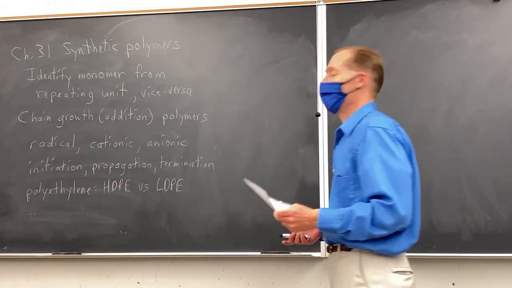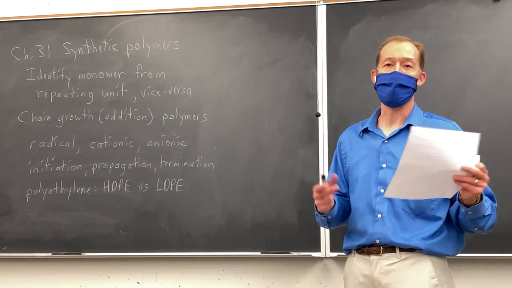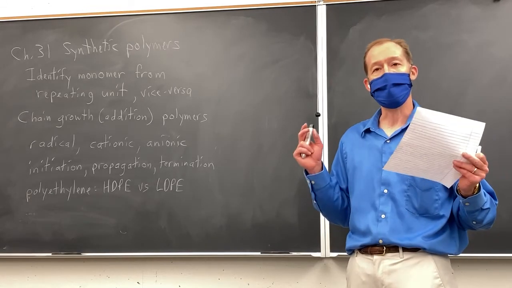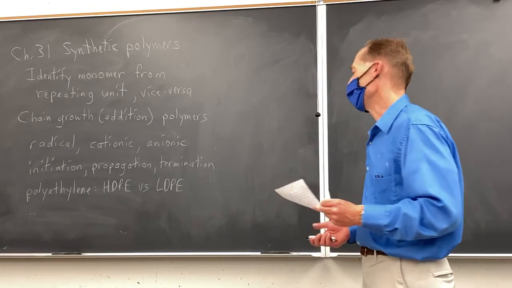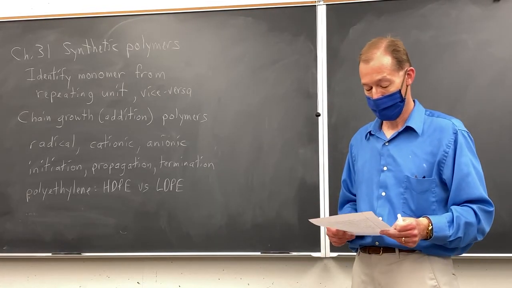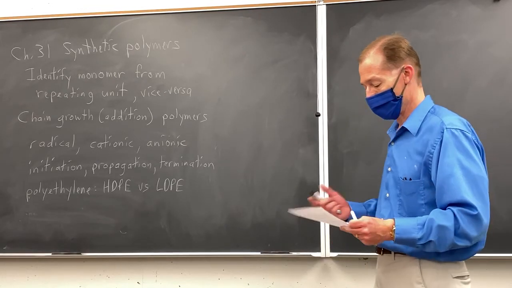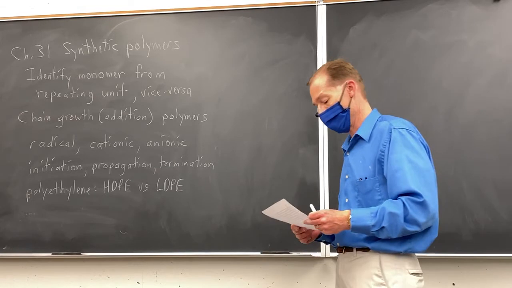And we talked about how the structures of these molecules allow them to have different functions, allowing HDPE to be used for plastic bottles, milk containers, and LDPE to be used for sandwich bags and so forth. Okay? So being able to explain the connection between structure and function for both of those molecules is important.